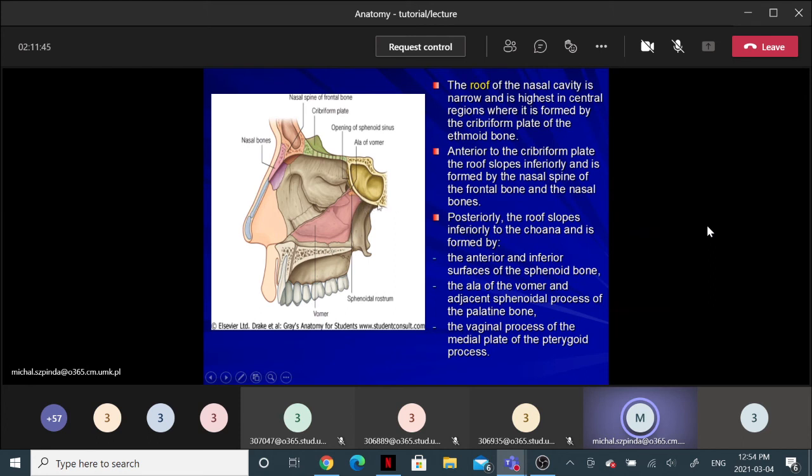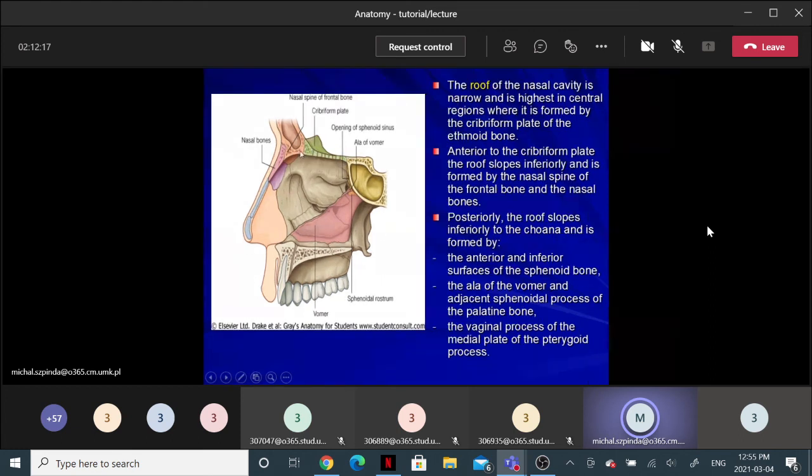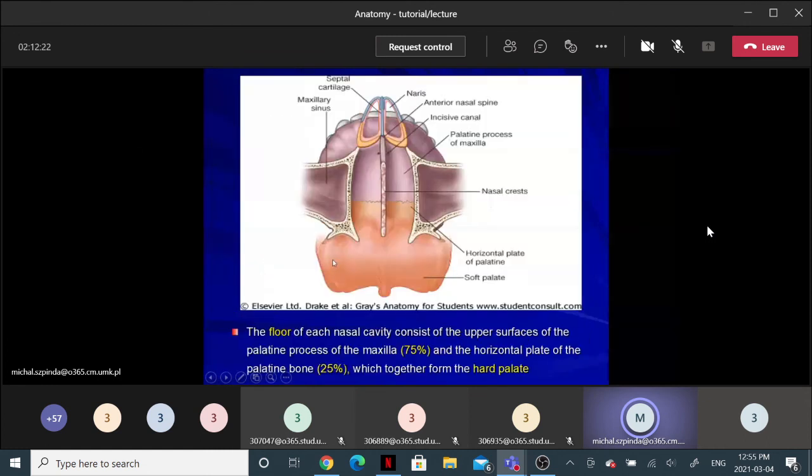Apart from this, posteriorly contribute to it vomerine ala, sphenoidal processes of palatine bones, and vaginal processes of the medial pterygoid plate. So here in the middle, where the roof is horizontal, is the cribriform plate of the ethmoid bone.